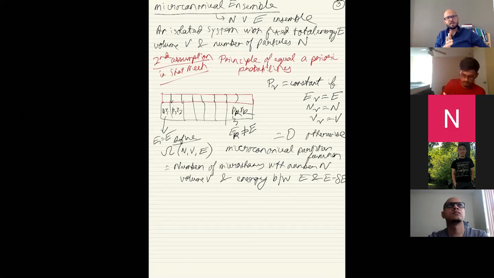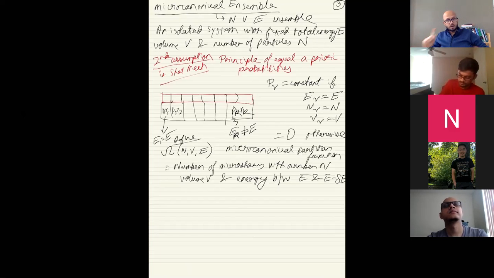The lowest temperature that has been recorded, I don't know, it's maybe 10 to the power minus 30 Kelvin or something like that, but it's a finite number. So energy will always have a small difference. So you have to specify here the number of microstates between energy E and some energy E minus delta E. You cannot just say number of microstates with energy E, because that will become very ill-defined.